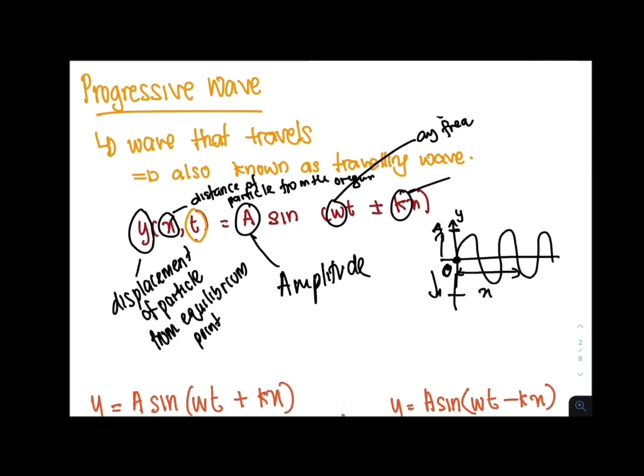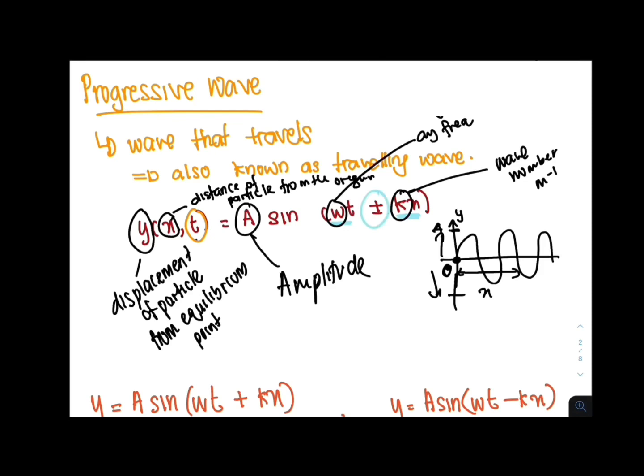And then K dekat sini is the wave number, yang terminologi yang baru kita belajar tadi. Wave number which has a unit of m negative 1 tadi. And as you can see dekat sini, your omega is related to the time and your wave number is related to the distance. Alright.